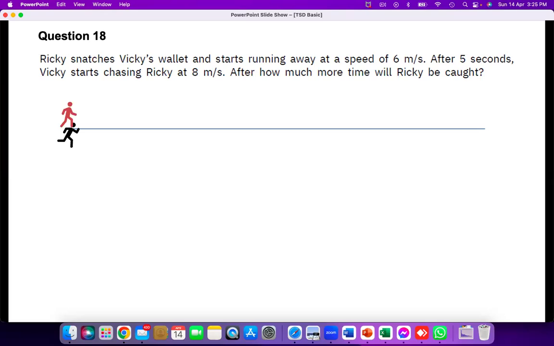So in 5 seconds, how much distance is traveled by Ricky? That distance becomes the relative distance. Relative distance divided by relative speed. Good. This way.